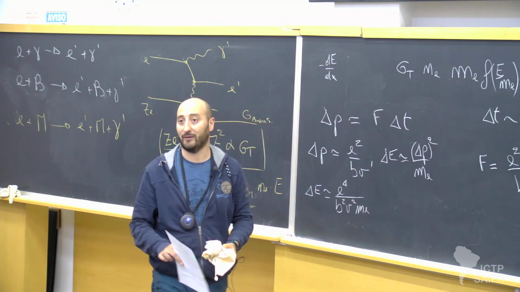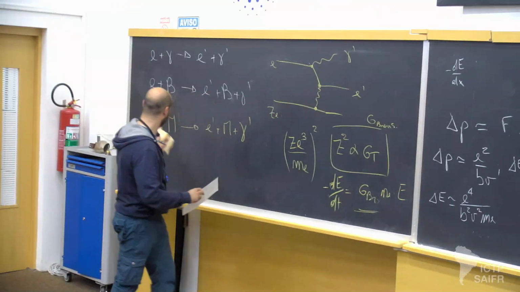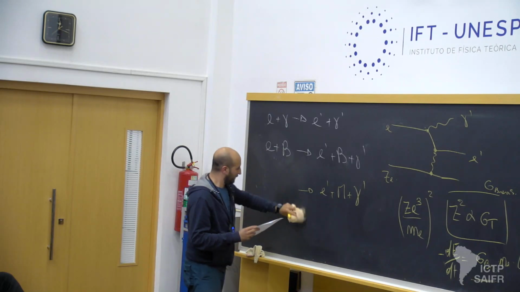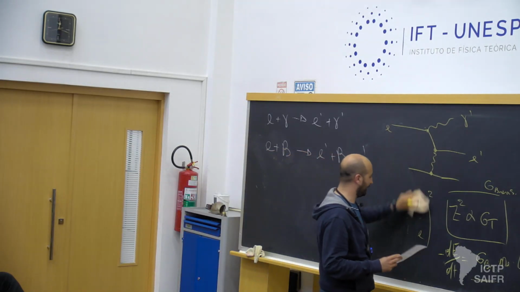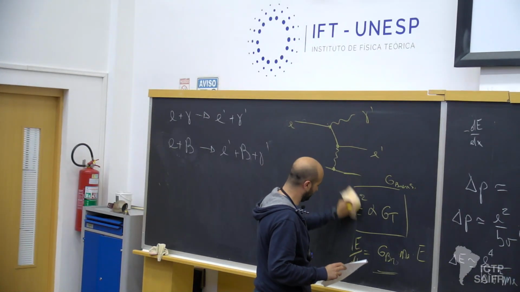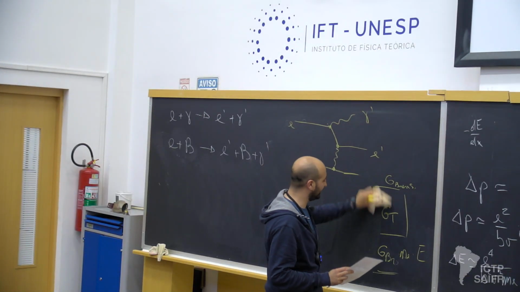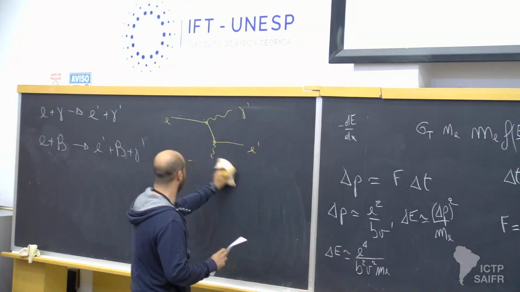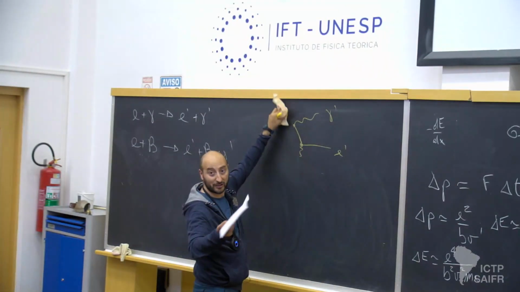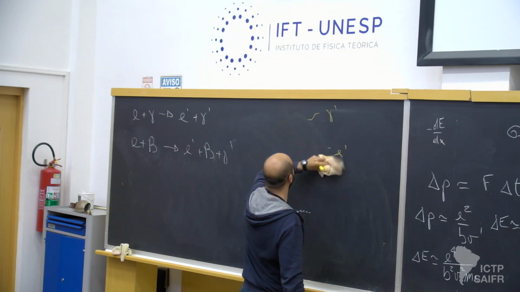So what do you care about for ultra-high-energy cosmic rays? You care about a few processes that you have heard about, related to the GZK cutoff: the Bethe-Heitler process, and photopion production.